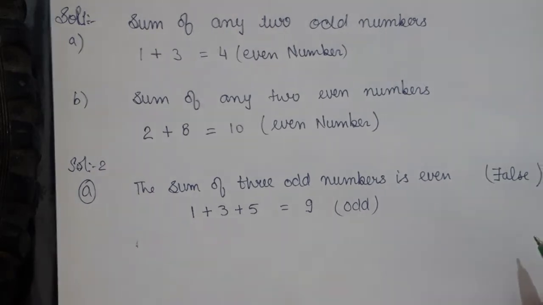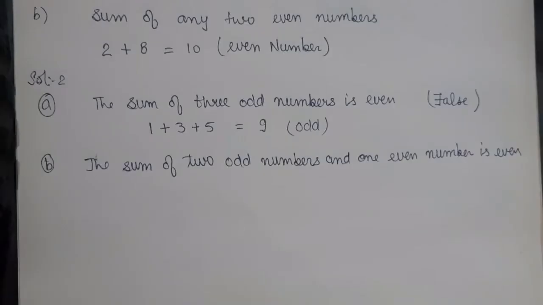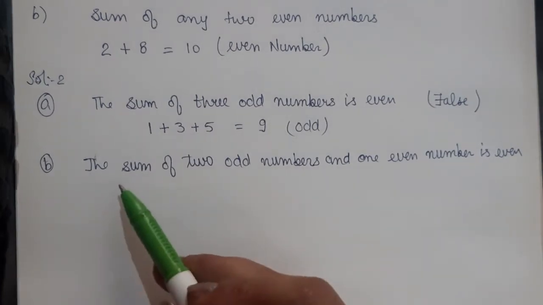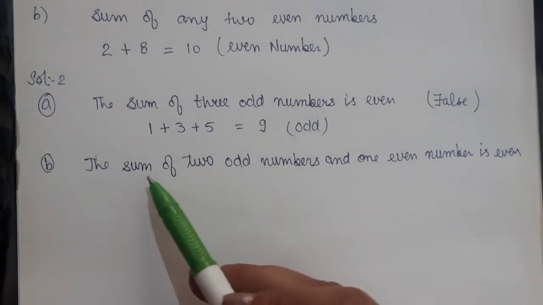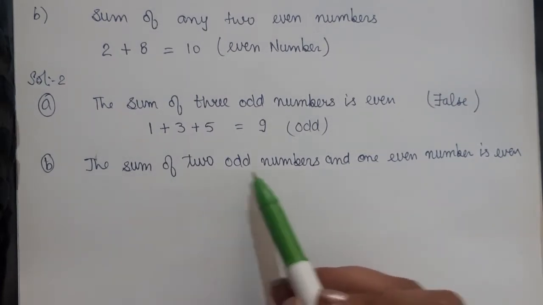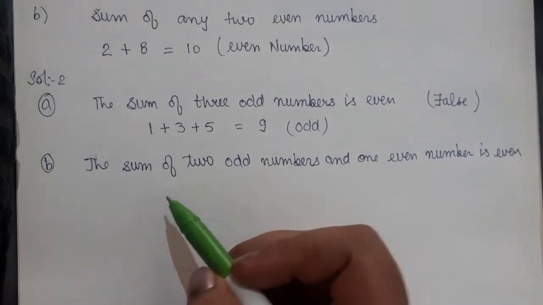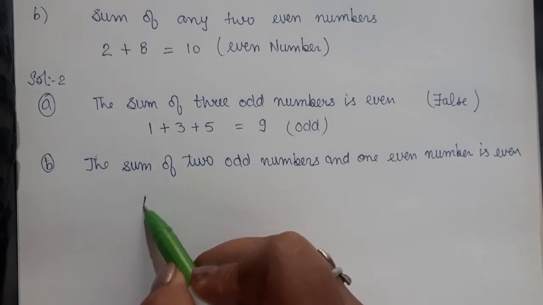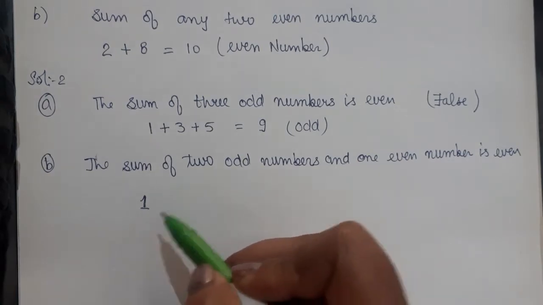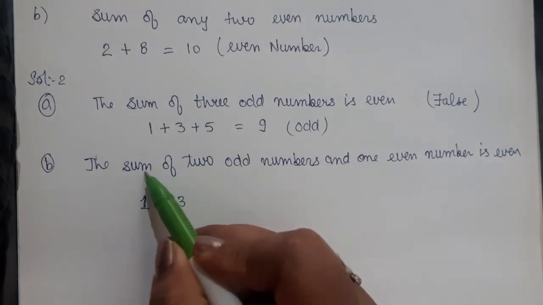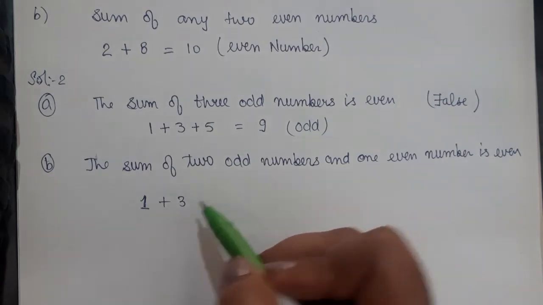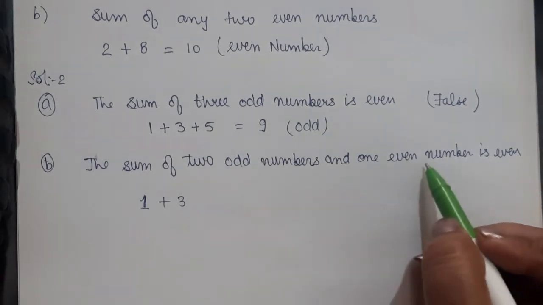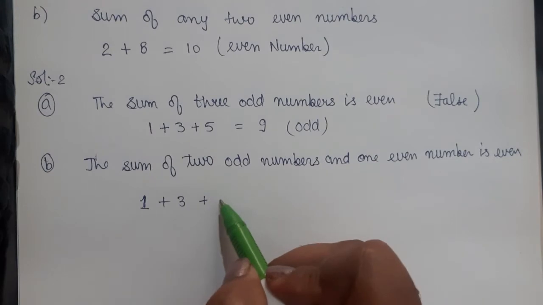Clear? Here in this question we have a condition that we have to find the sum of two odd numbers and one even number. So first I will take two odd numbers. Suppose I am taking the smallest numbers again, 1 and 3. 1 and 3 both are odd numbers, and for the one even number I am taking 2.